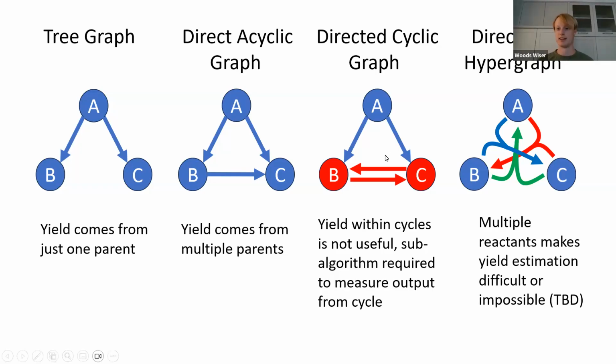Daniel. Yeah, thanks. I was just wondering if it's common practice or useful at all to transform a directed acyclic graph into a tree graph by doubling up on a repeated node, so you could have two C's. That's a good question. It would be helpful in diagnosing, let's say, where the C is coming from.